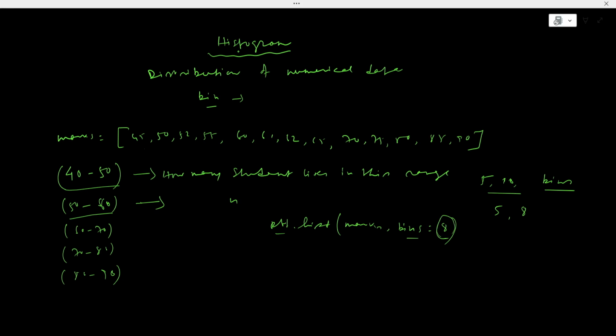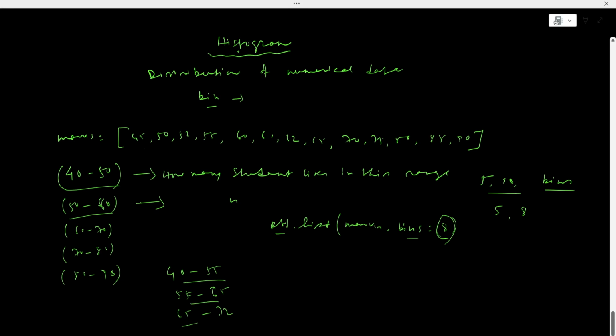That time Matplotlib might split all the data like 40 to 55, 55 to 65, 65 to 72, something like this. Basically it will create 8 groups, that means 8 bins, and it will split all the data on its own.